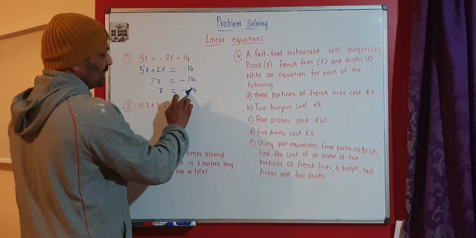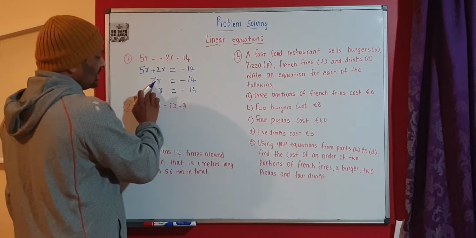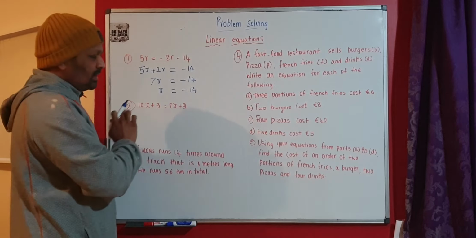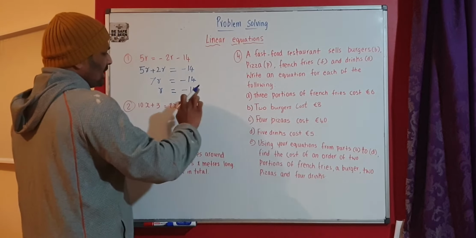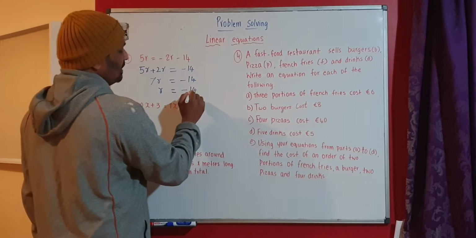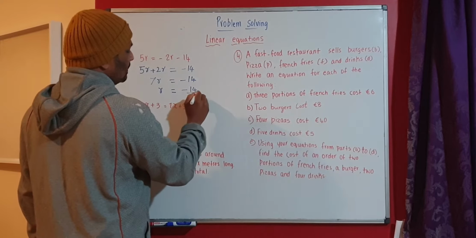Minus 14 is on the right side, still on the right side, that's fine. But 7 on the left side is multiplying r, isn't it? So if it goes to the other side, it becomes a division. Division, you can say divided by or by 7.